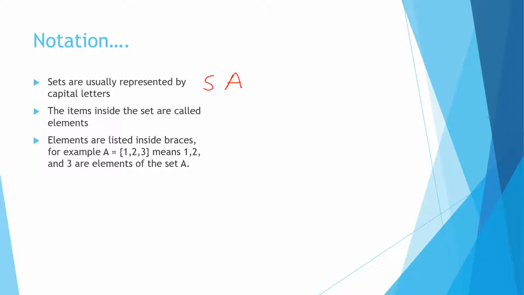The items inside the set are called elements, okay? So I can have elements inside each of these. So inside S, I could have all the different shoes I own. And then inside A, I could have the homework that's due this week, okay? So these are simply groupings of items. They don't have to be numbers.